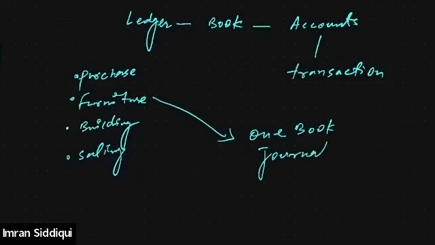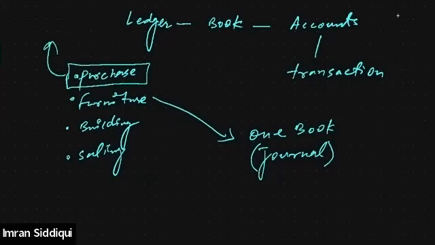But in case of ledger, what do we do? We record all similar transactions at one place. For example, transactions relating to purchases are recorded at a separate place. That will be called purchase ledger. Transactions relating to sale and purchase of furniture will be recorded separately in the furniture ledger.